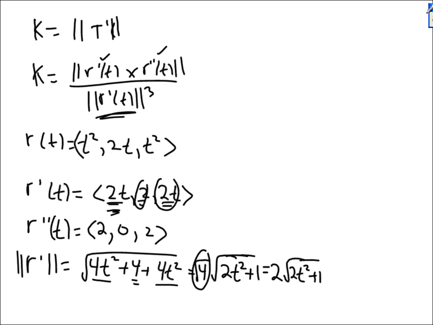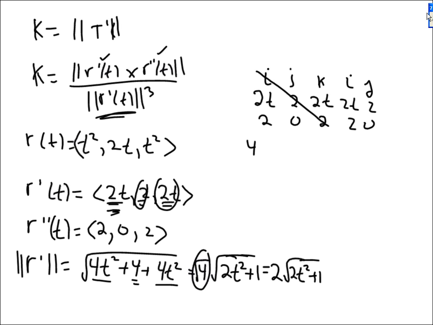Okay. So let's do r prime cross r double prime. 2t, 2, 2t and 2, 0, 2. I, j, k. Repeat the first two columns and then compute.